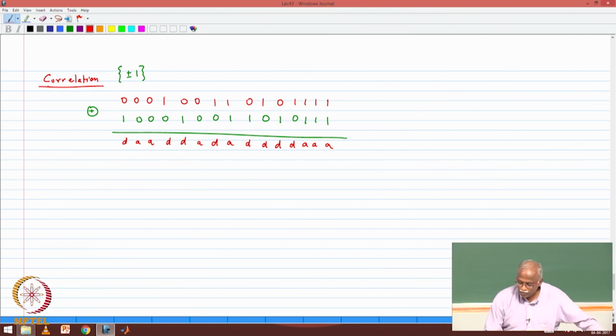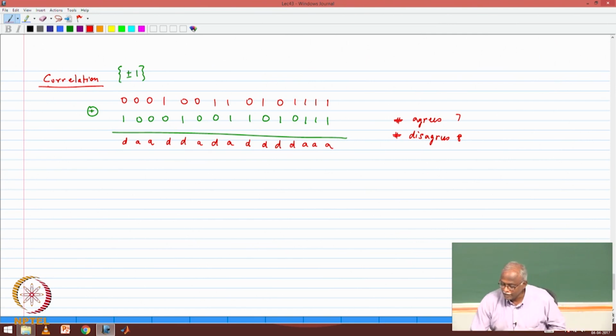Okay. So number of agrees, 1, 2, 3, 4, 5, 6, 7. Number of agrees 7, which means the number of disagrees must be equal to 8. Basically, if I add them up, right? Each of the agrees corresponds to a 0, so that will basically contribute a plus 1.